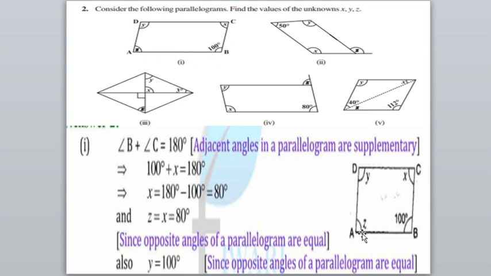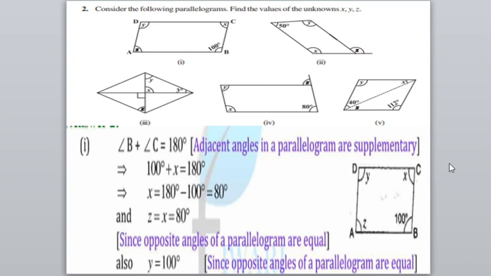So first question and first figure, it is a parallelogram ABCD. Now in this ABCD the angle B is given, that is 100 degrees. Now the unknown values of x, y and z we have to find out.